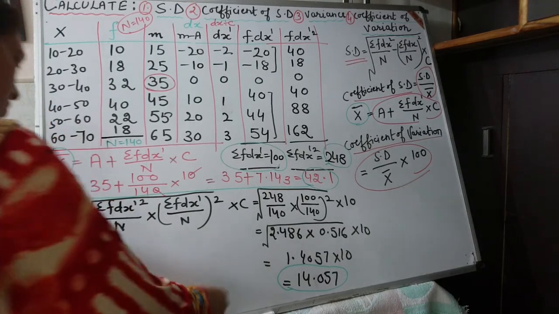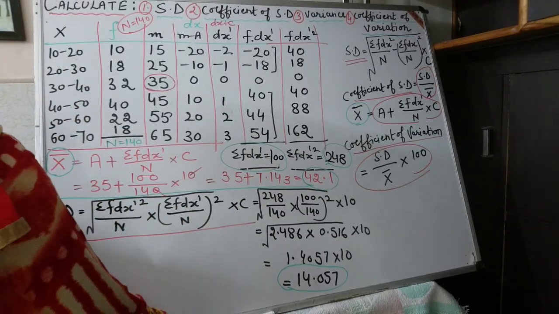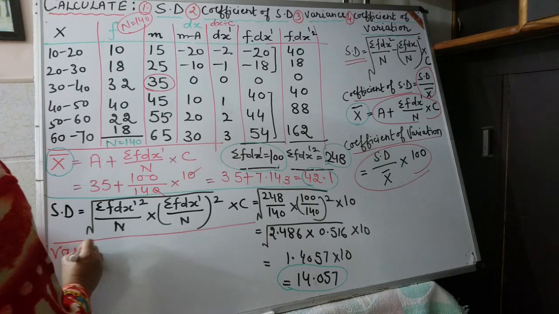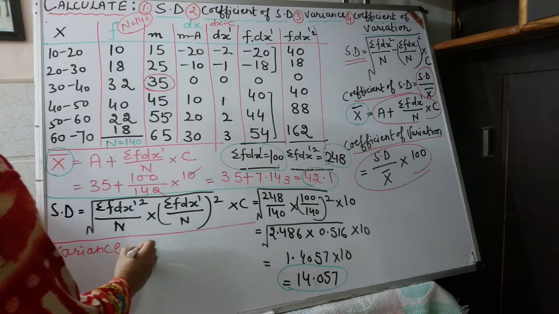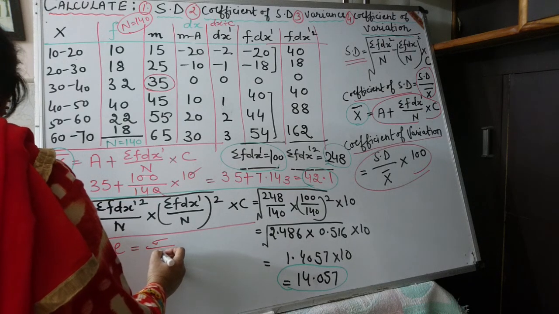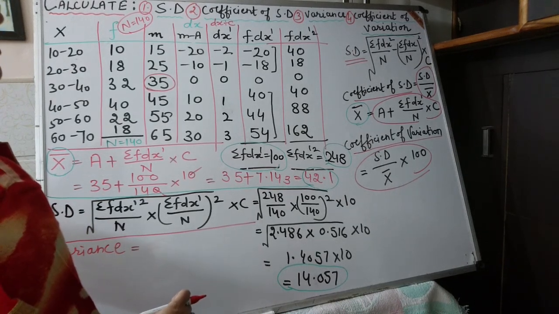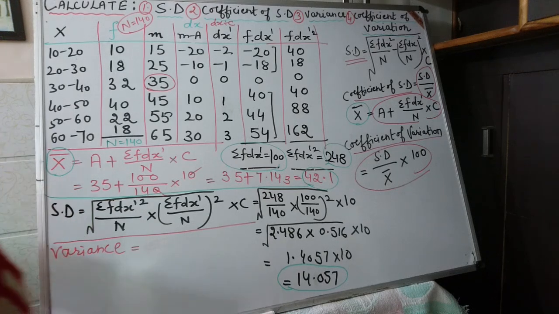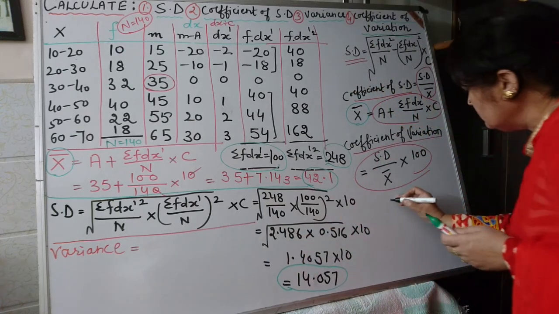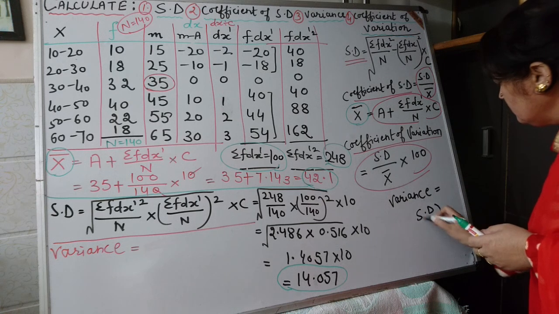And next we have to calculate the variance. Variance is equal to, here we have skipped one formula, variance is equal to standard deviation square.